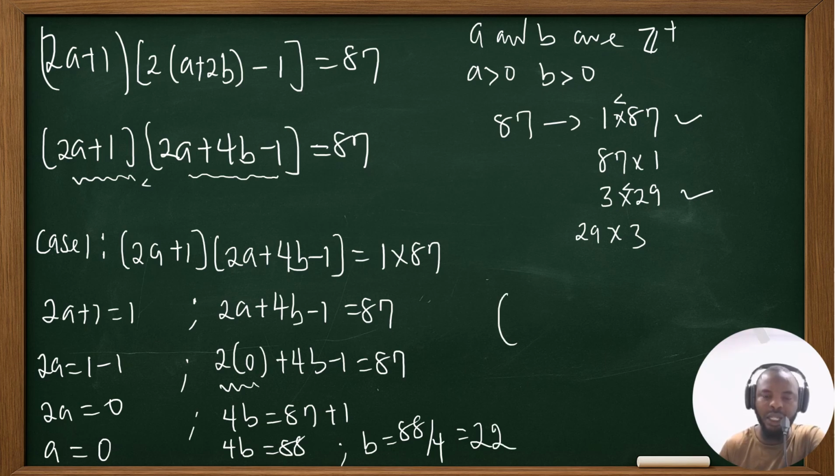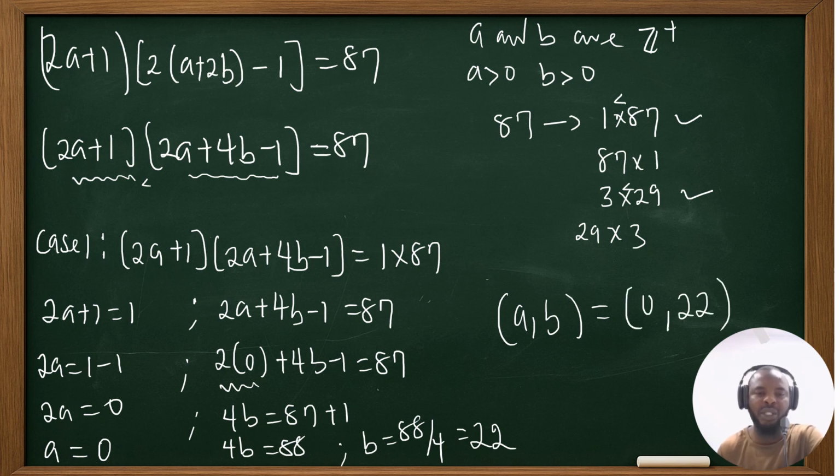So the values of a and b are 0 and 22. You can confirm this by plugging these values into the given equation. If a is 0, then that term is 0, and when you plug in b equal to 22, you're going to have 87.